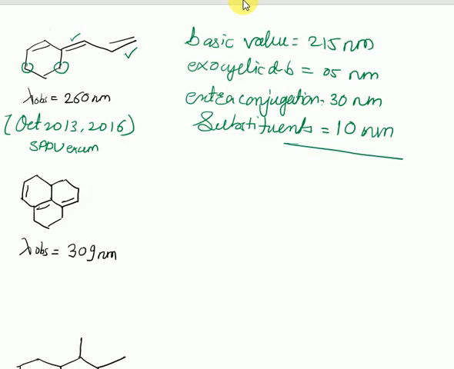Now make the total: 215 plus 5 is 220, plus 30 is 250, plus 10 is 260 nanometer will be the total, and it is exactly equal to the observed lambda value. Now see the next example, and this example was asked in the Savitribai Phule University examination in April 2014.